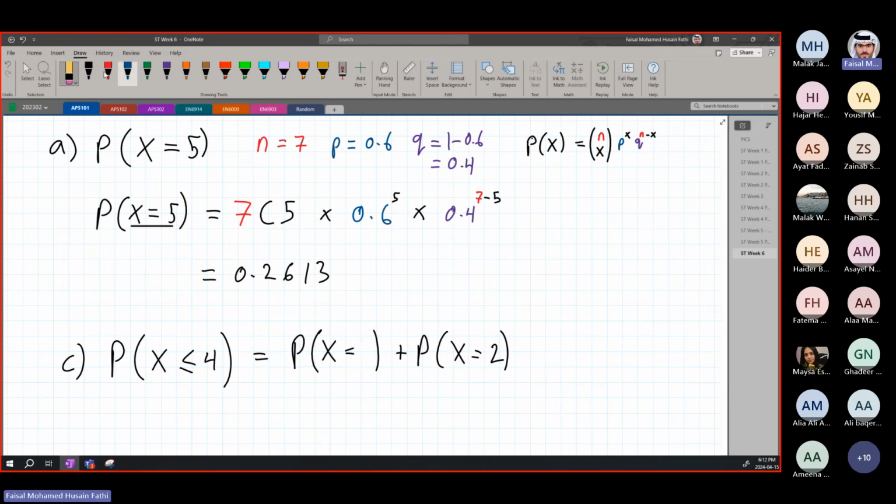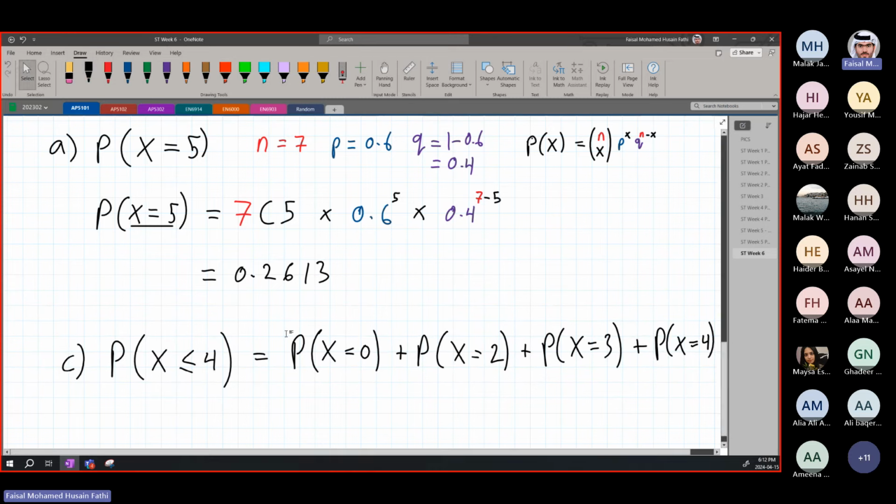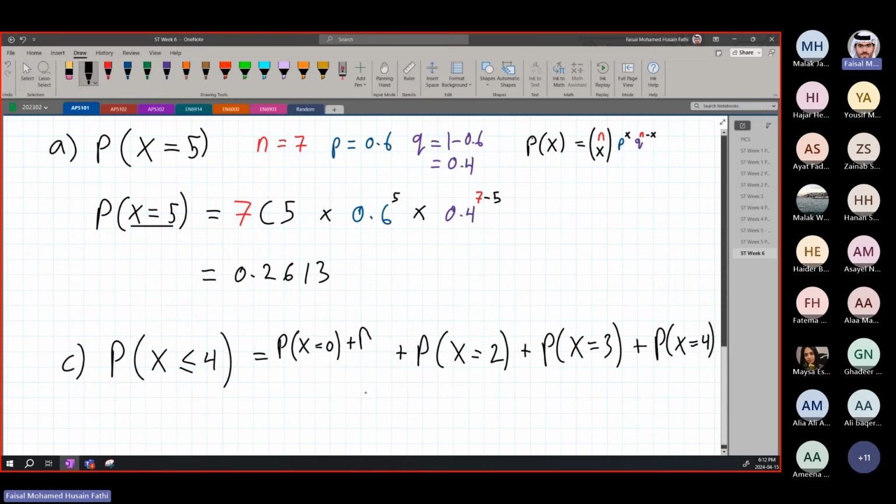The probability of x is equal to 0 plus the probability of x equal to 1 plus the probability of x equal to 2 plus the probability of x equal to 3 plus the probability of x equal to 4, because we're starting from 0 up to 4.